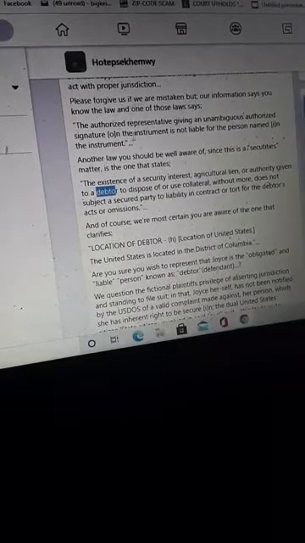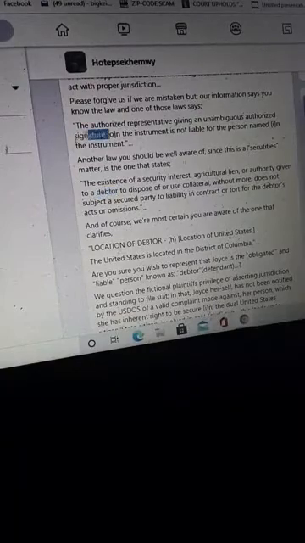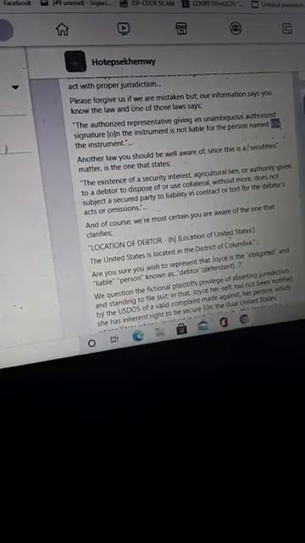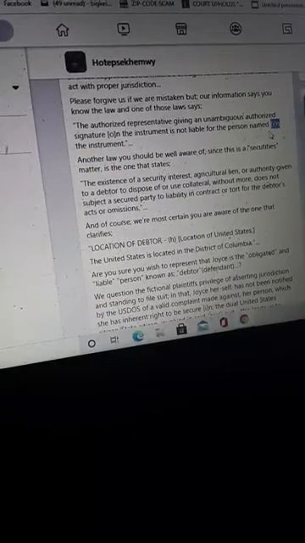That's why it says the authorized representative giving an unambiguous authorized signature on the instrument is not liable for the person named in the instrument. When they give you a credit collection, the person is already named in the ink, in the wording, and that is by the style.